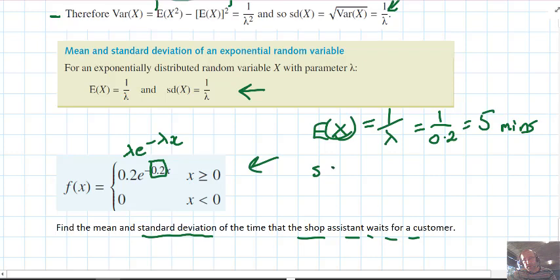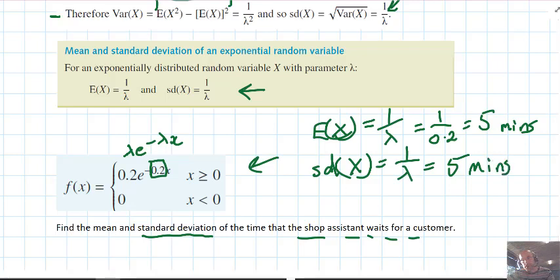Standard deviation is the same. All right, so standard deviation is 1 over lambda, 5 minutes. Okay, so for an exponentially distributed random variable x with parameter lambda, we have 1 over lambda for the mean, and standard deviation is also 1 over lambda.